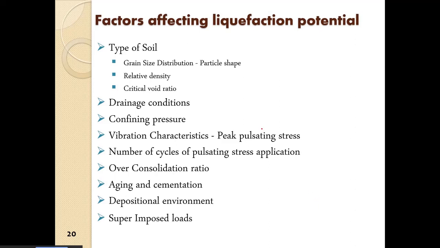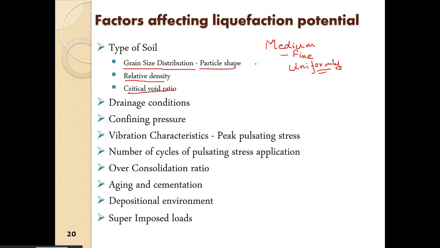So other than that, we saw the grain size distribution, right? If the soil is in between medium and fine sand, like the Niigata sand we saw, and then if it is uniformly graded, so very prone to liquefaction. All right, then of course relative density, critical void ratio we have already discussed. So particle shape is also another case.